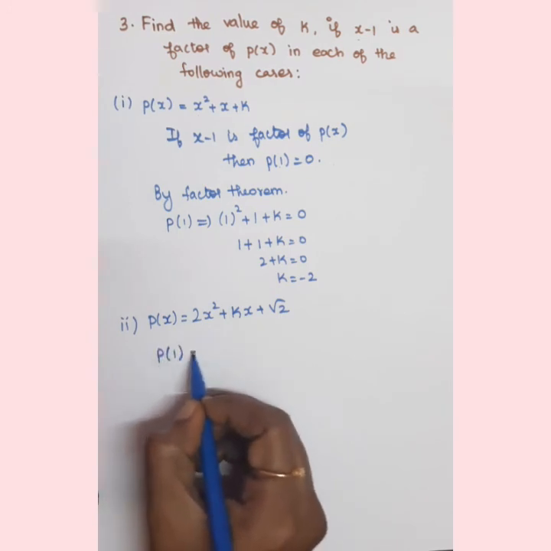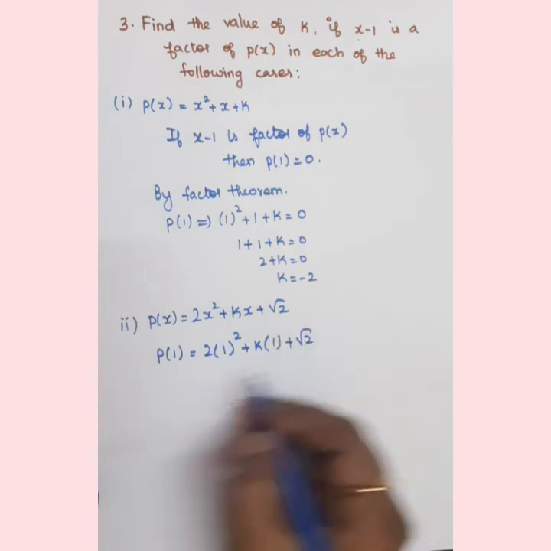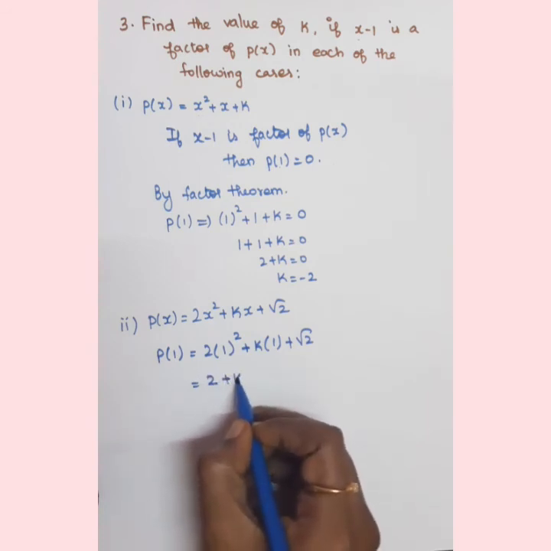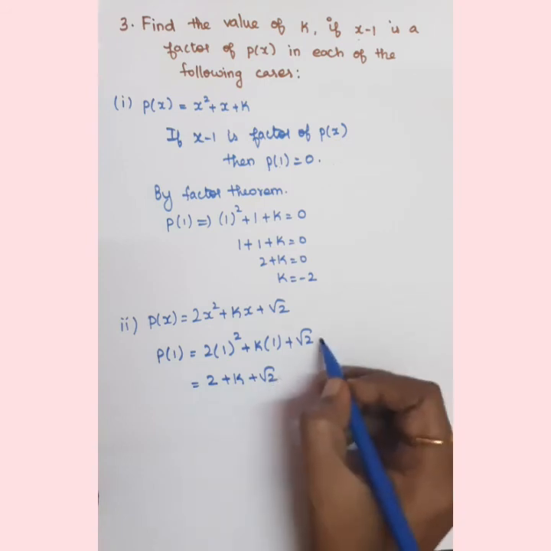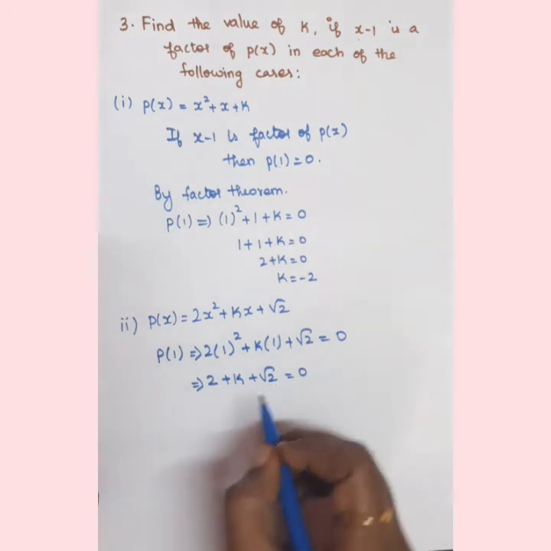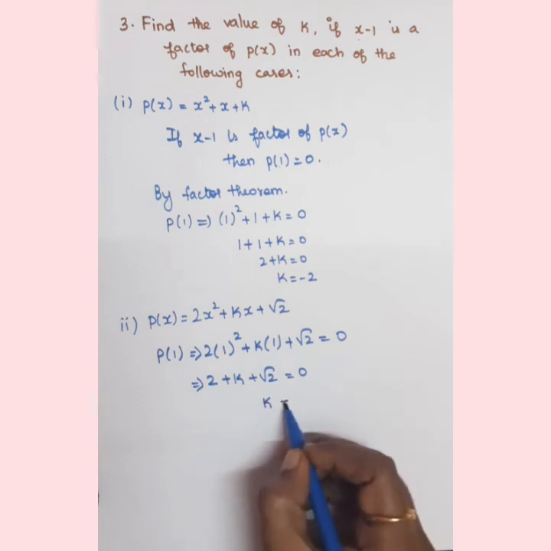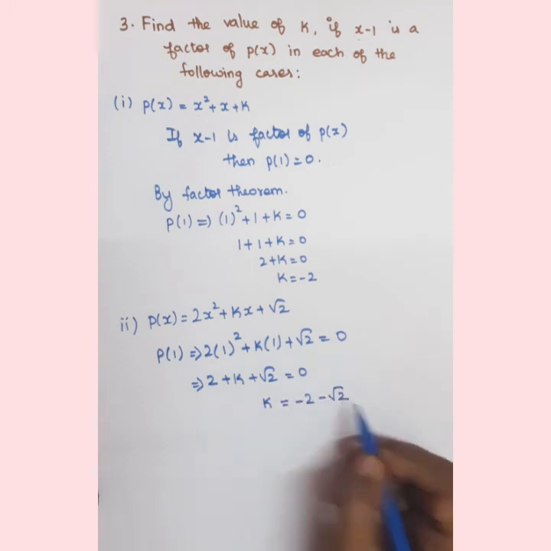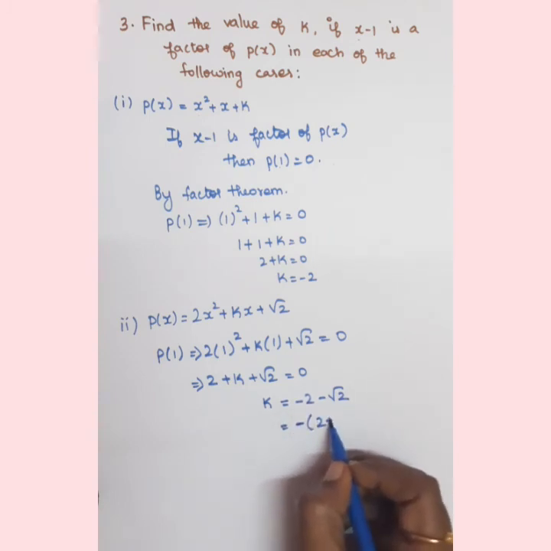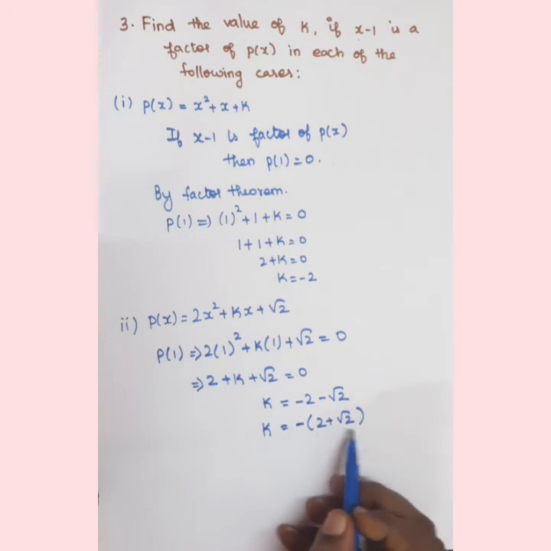So p of 1, you get 2 into 1 squared plus k into 1 plus root 2, which is equal to 2 plus k plus root 2. So we are equating that to 0. So taking 2 and root 2 to the other side, you will get minus 2 minus root 2. You can leave the answer like this, or taking minus as common, you can write 2 plus root 2. So the answer is k equals minus of (2 plus root 2).